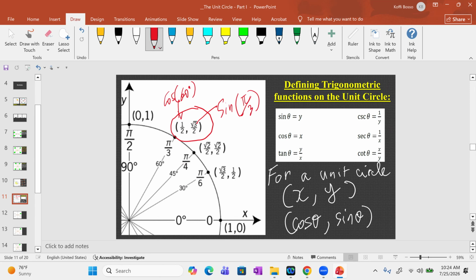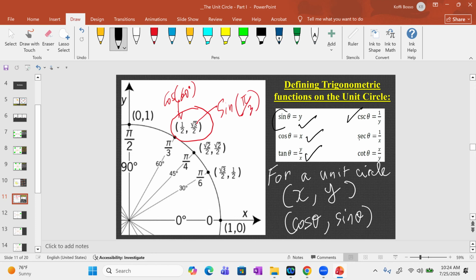That's why you have these formulas here. Sine theta is y, cosine theta is x. In case they ask for tangent, do the y value divided by the x value. In case you have cosecant, you do 1 divided by y, you just flip the sine value.